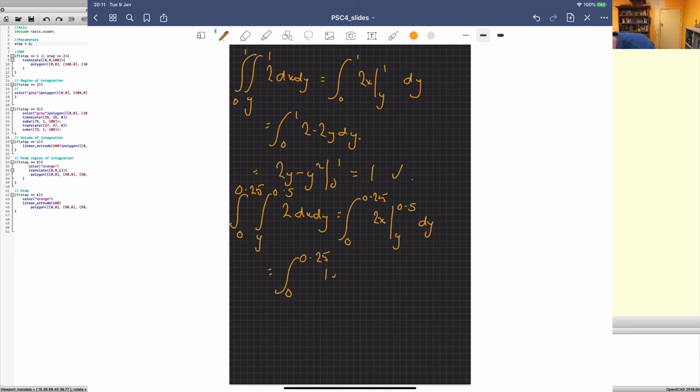We've got 1 minus 2y dy, which equals y minus y squared, from 0 to 0.25, which is a quarter minus a 16th, which is 3/16. All done. Next example.